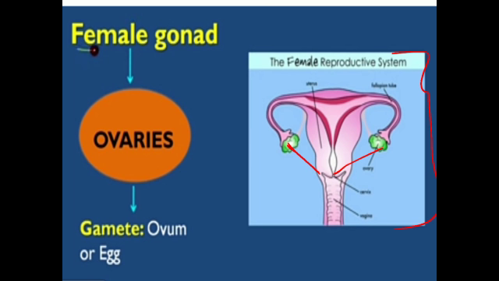This is the fallopian tube. Then this is the ovary, as we saw. This is the vagina, through which the waste is removed.